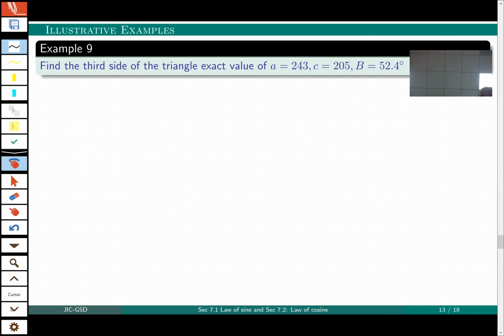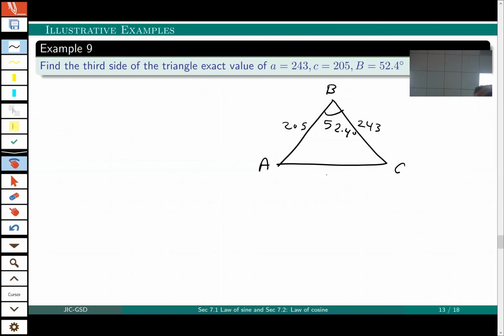Again, he said here, find the third side. This is A, I don't have the angle A, I have B, which has the angle 52.4, and it's given opposite of A, it's 243, and this is C, opposite of C, it's given to be 205. So what is B?